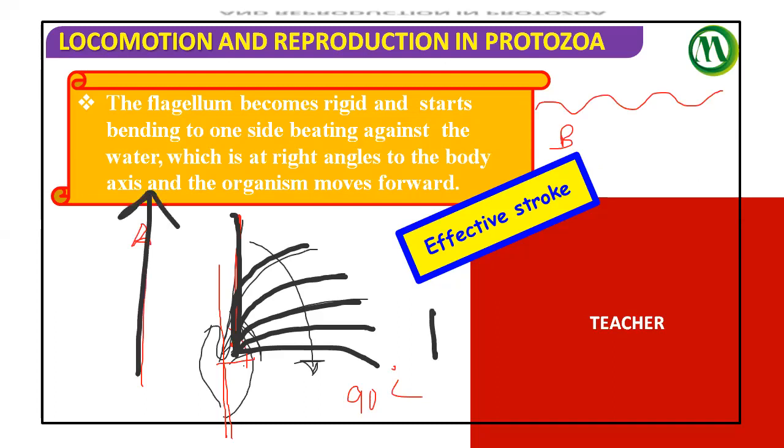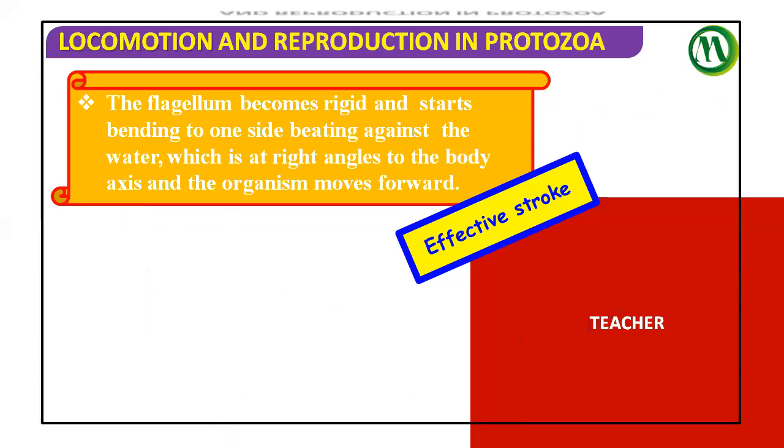What do you call this stage? The effective stroke or propulsive stroke. It requires energy, isn't it? Beating against the water definitely requires energy.